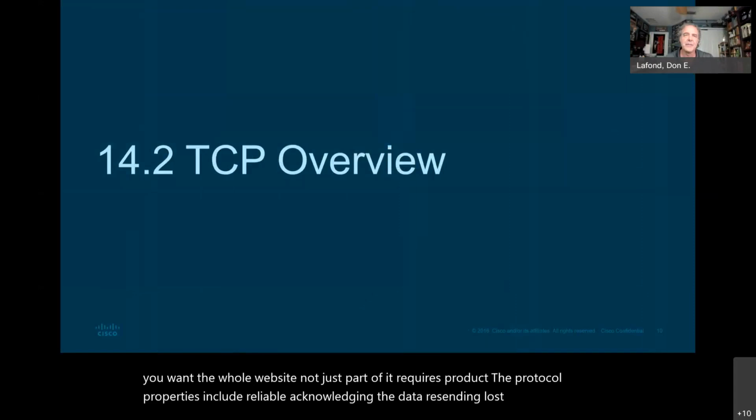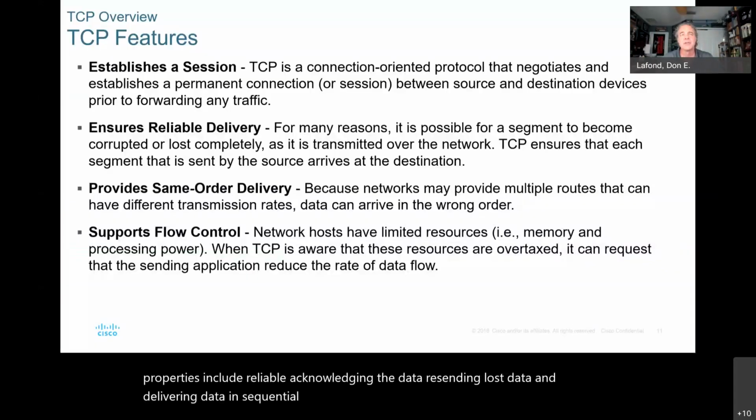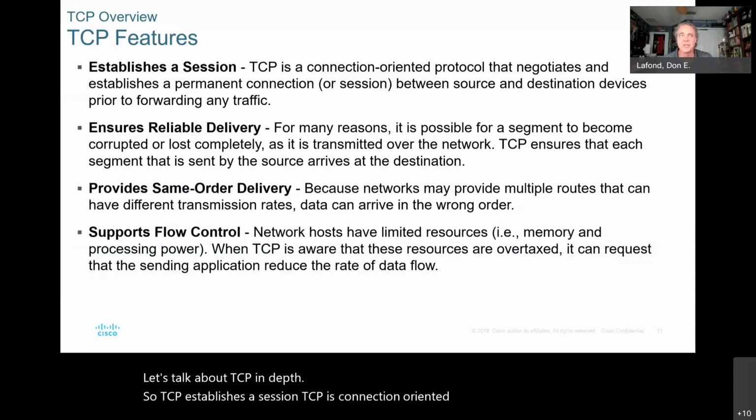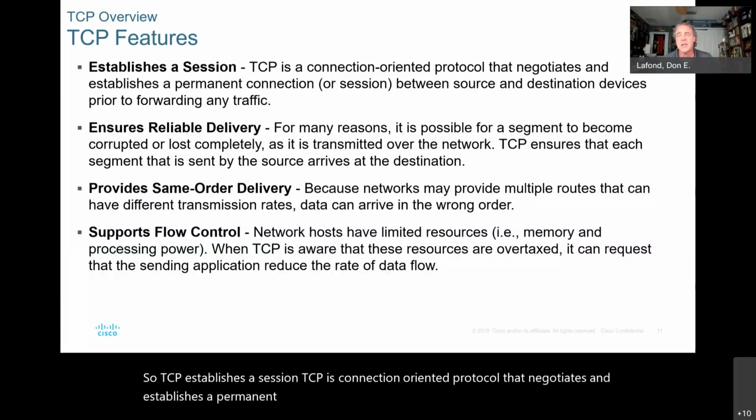Let's talk about TCP in depth. So TCP establishes a session. TCP is a connection-oriented protocol that negotiates and establishes a permanent connection or session between the source and the destination device prior to forwarding any traffic. It ensures reliable delivery.